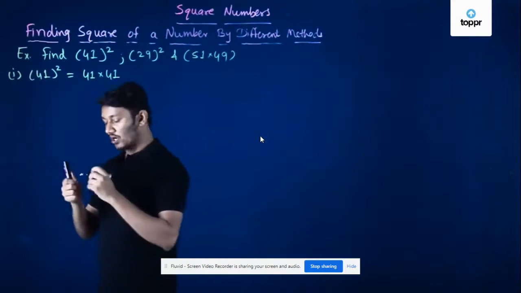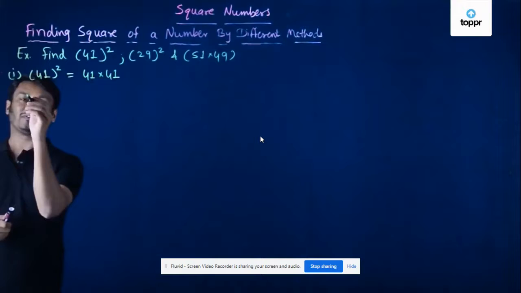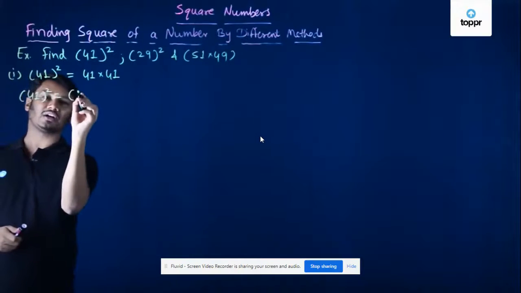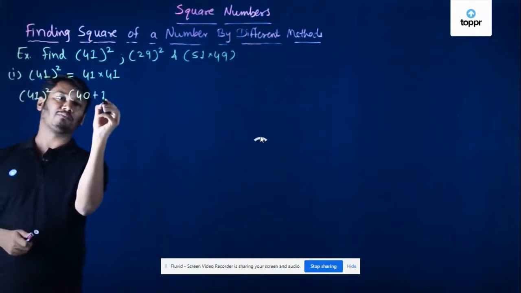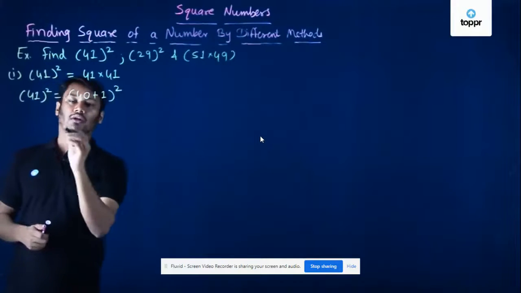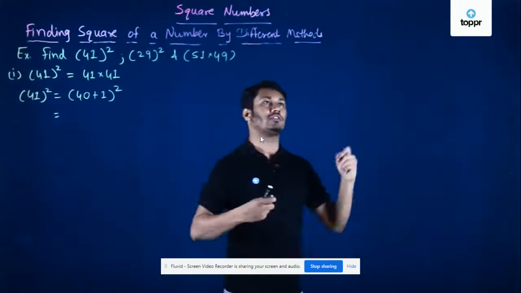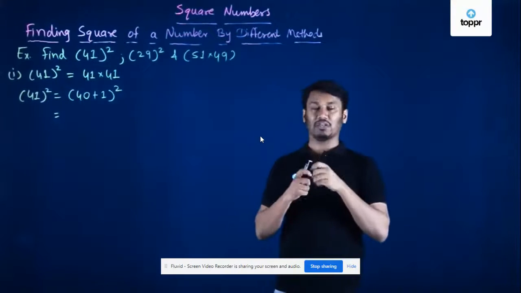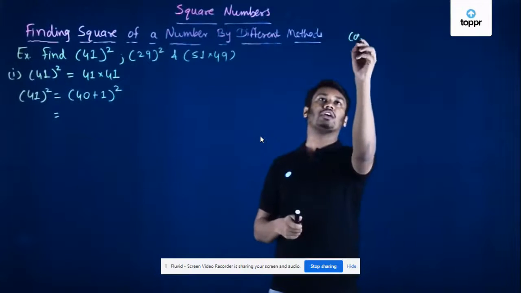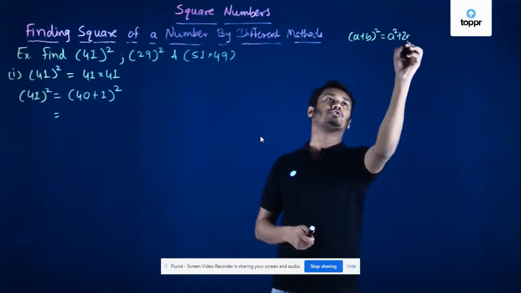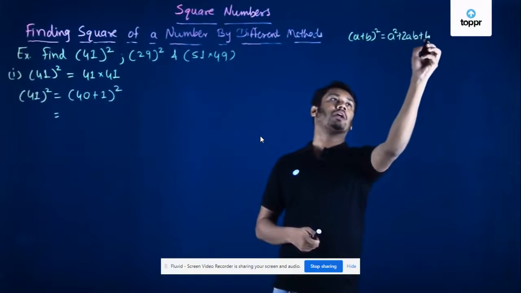But there is one easier method available. Now 41 square I can write as 40 plus 1 square. This can be expanded using the formula for a plus b the whole square. So we have a plus b square equal to a square plus 2ab plus b square.